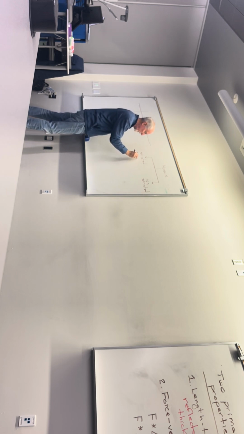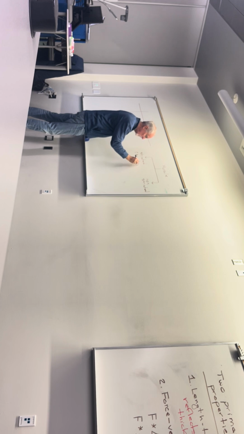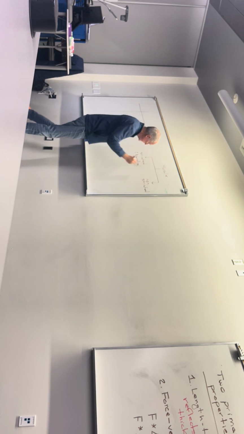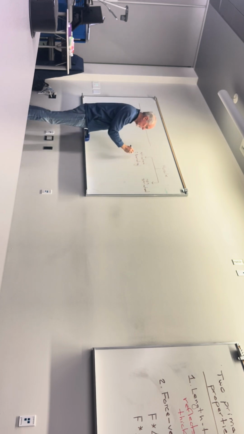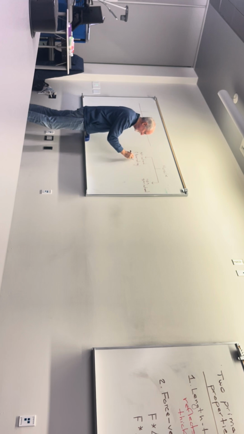I'm just going to put the word banding. I'll just leave that over here. So what this really means is the presence of striations. I can express striations as the presence of sarcomeres.